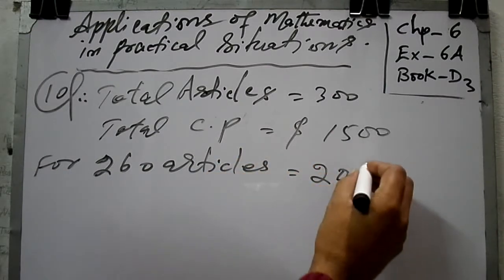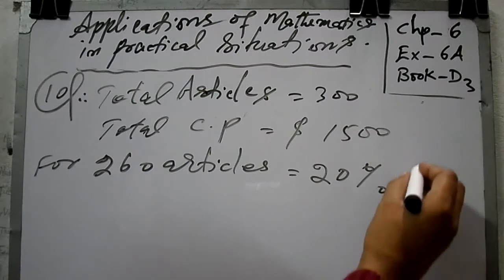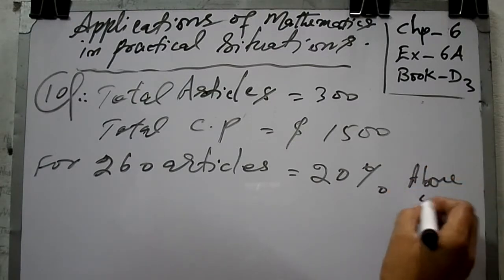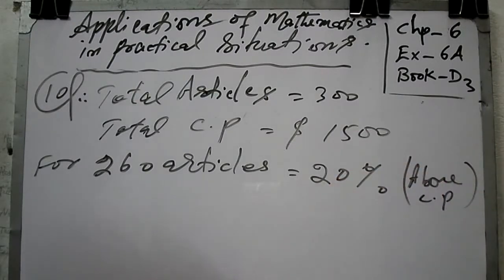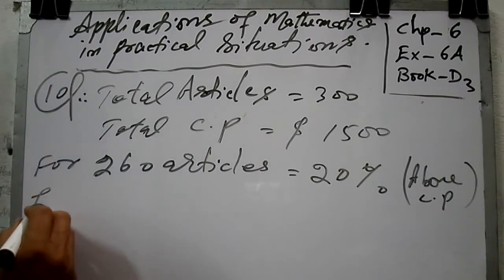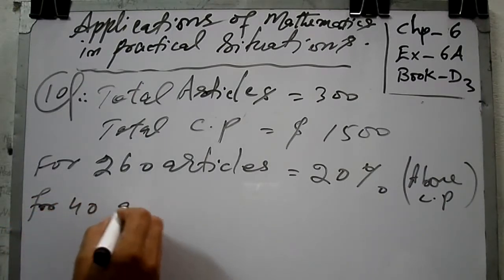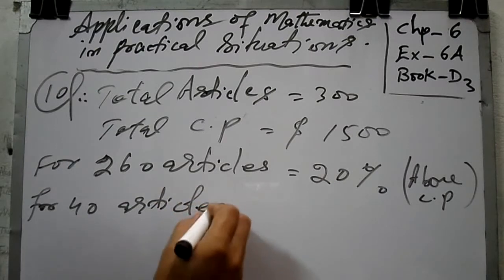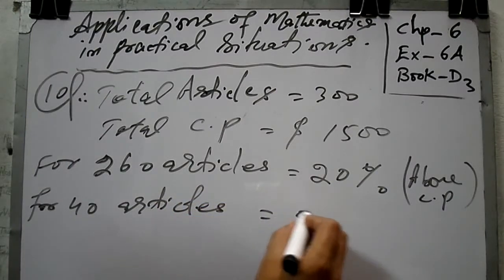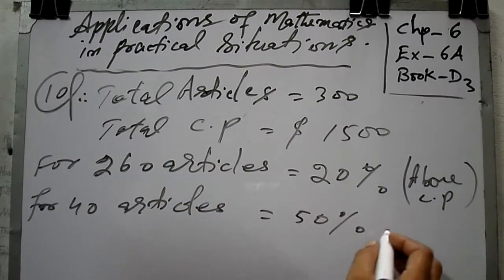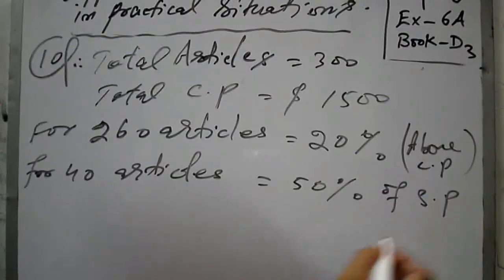That is 20% above cost price he pays. Now for 40 articles, he pays 50% of sale price.